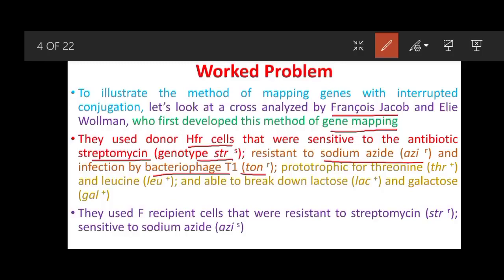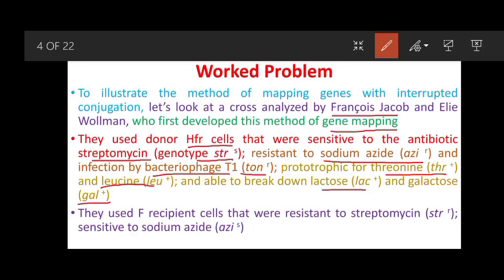These cells were prototrophic for threonine and leucine, and they were able to break down lactose and galactose.